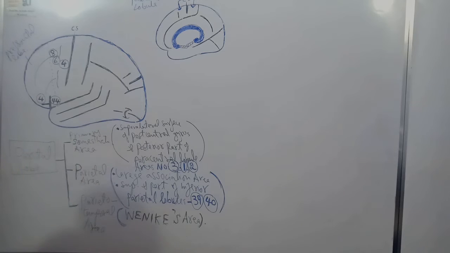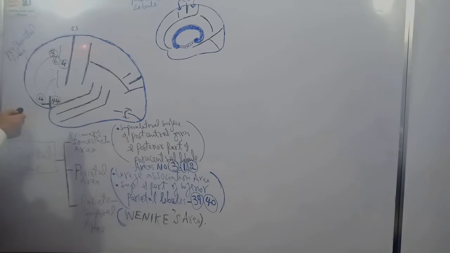Now, this was just a summary of the Brodmann cortical areas on the superolateral surface of the parietal lobe. Between central sulcus and post-central sulcus is the post-central gyrus, which on the upper part of the medial surface is continued as posterior part of the paracentral lobule.